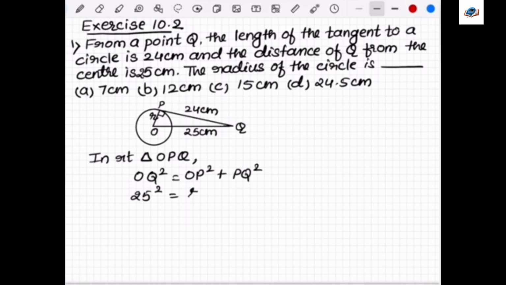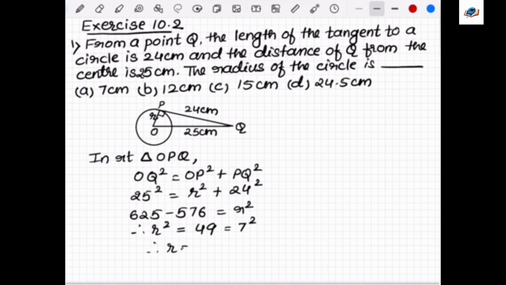So I can say 625 minus 576, that is 24 square, equal to r square. So therefore, r square equal to 49, which is equal to 7 square. So therefore, r equal to 7 centimeter. So therefore, the correct option is option A.